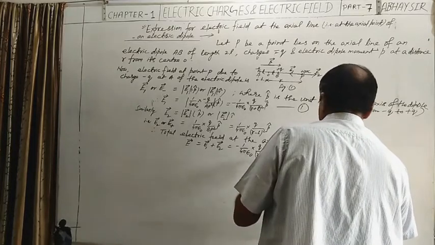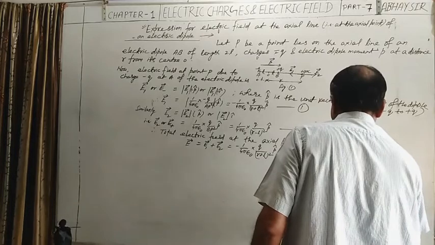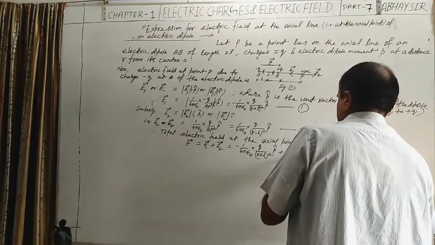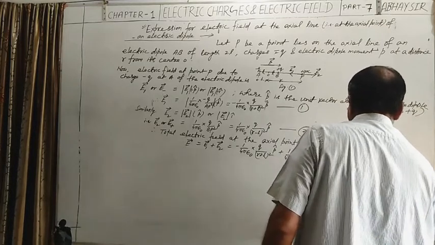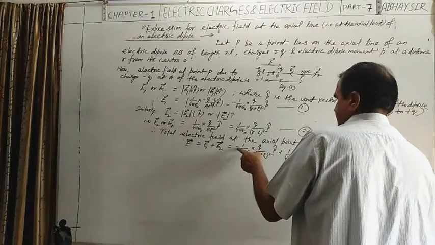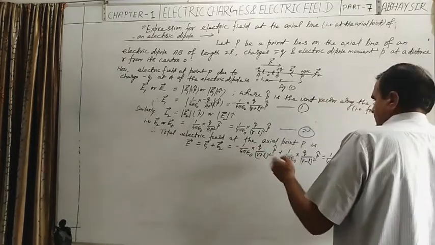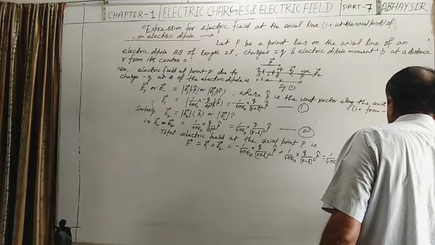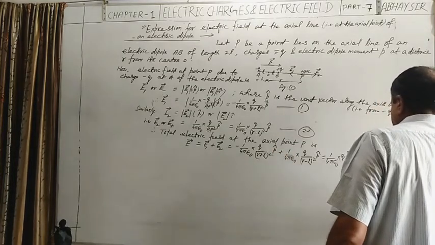P cap is also common, Q is also common. The positive term is taken first, and the first term becomes negative, 1 by R plus L square, and P cap is also taken out of the bracket.